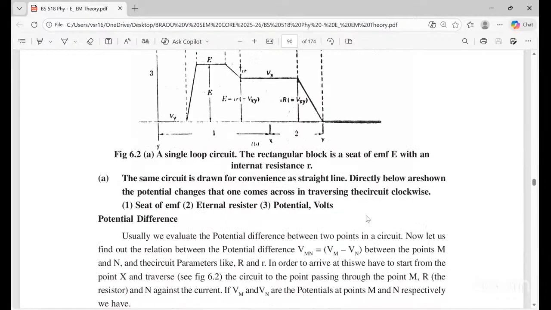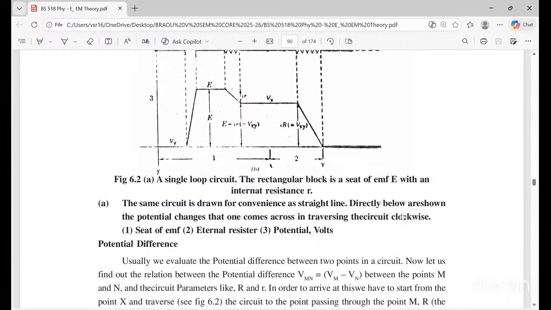Which may give you here a straight line. So the potential changes one comes across traversing the circuit in a clockwise direction, and one which is a set of EMF, and this is an external resistor. Third point which may give you potentials.